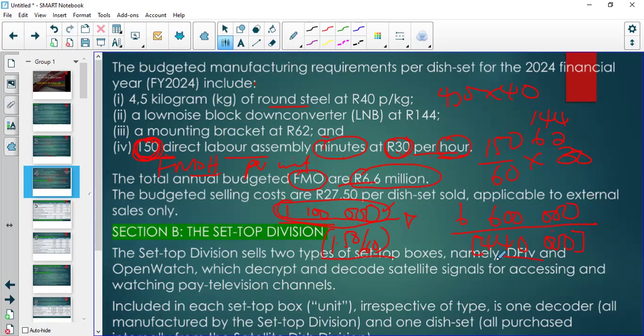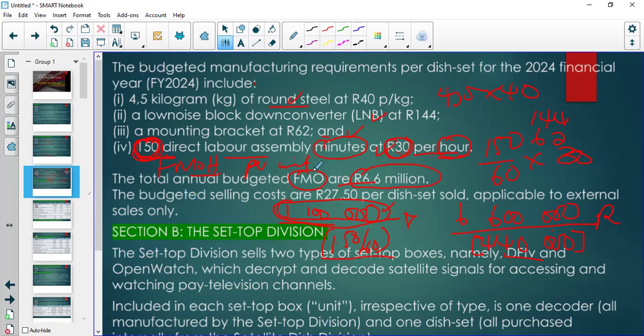So I have 440,000, and I have 6,600,000 divided by 440,000. So my fixed overhead absorption rate per unit, the OAR, is going to be 15 rand, and this is part of the cost. So I have this cost, that cost, that cost, and then the fixed manufacturing overhead at 15 rand per unit.